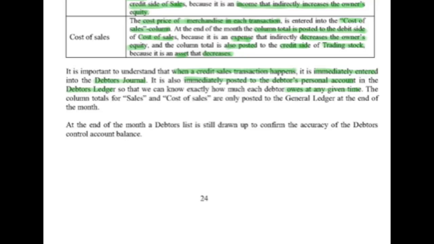The column totals, sales and cost of sales, are only posted to the general ledger at the end of the month. At the end of the month, the debtors list is still drawn up to confirm the accuracy of the debtors control account balance.